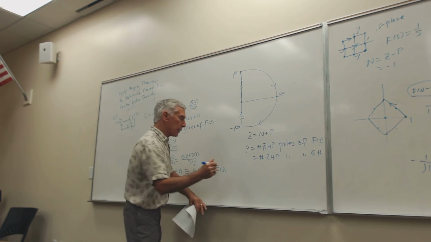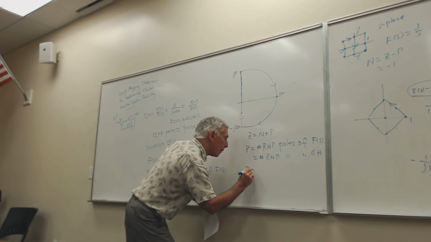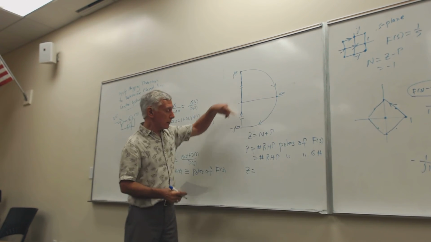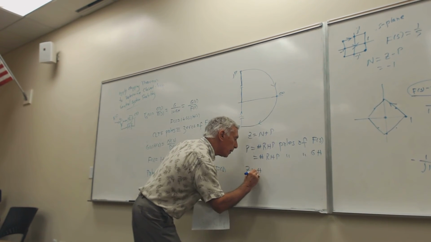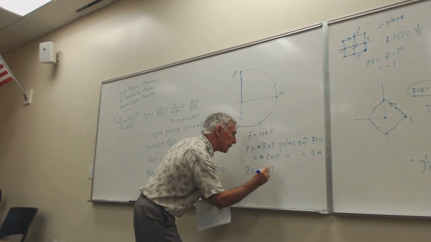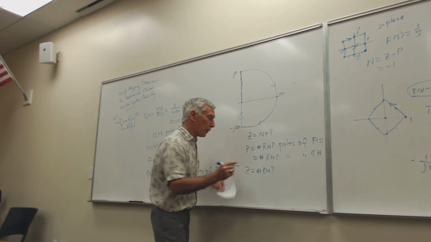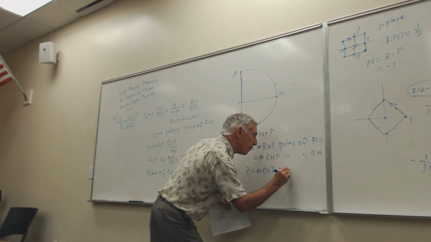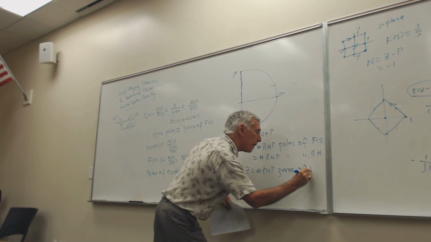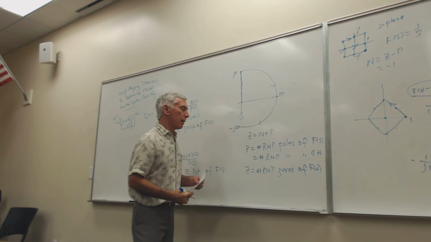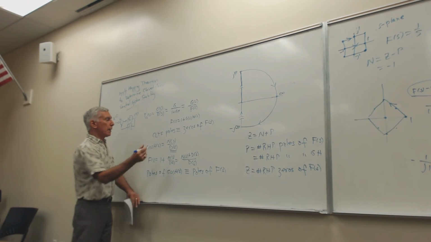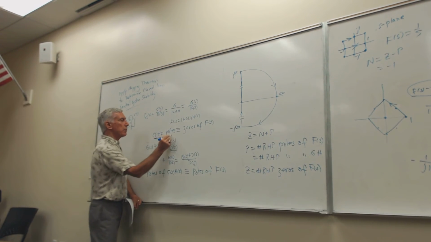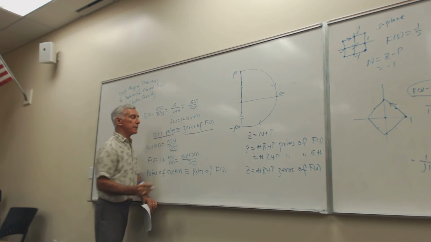And Z, for this particular contour here, is equal to the number of right half plane zeros of F of s. And you see, the closed loop transfer function poles are the zeros of F of s.